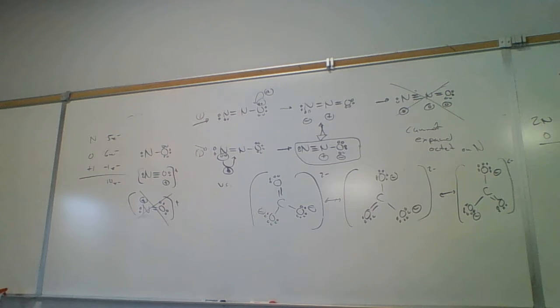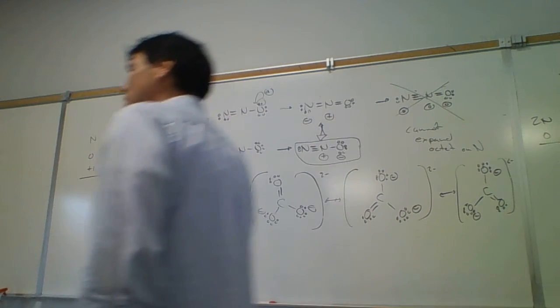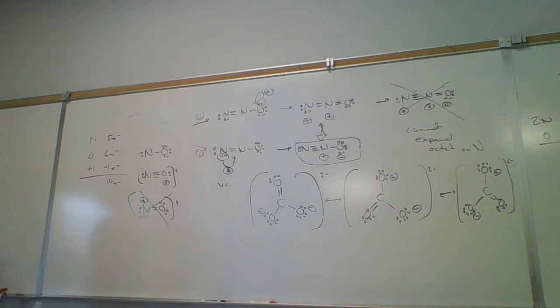It was right after I talked about BF3. So right after I talked about BF3, what did I talk about? Carbon monoxide. Carbon monoxide is exceptionally poisonous because of that negative charge on the carbon. Oxygen made that sacrifice, I guess you can say, to get the octet around carbon.